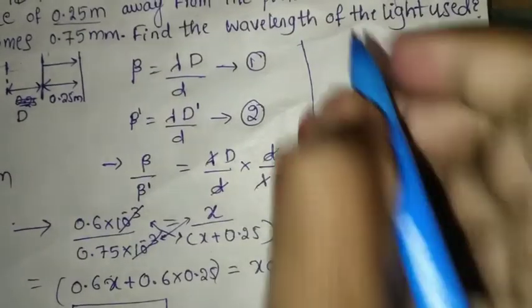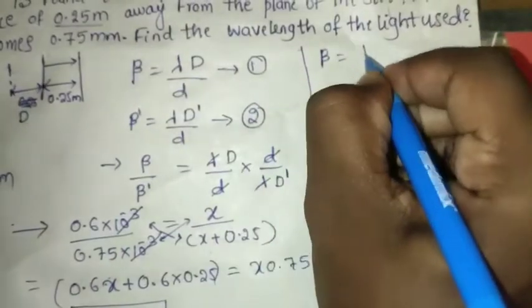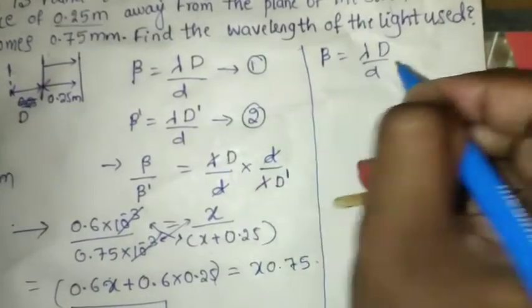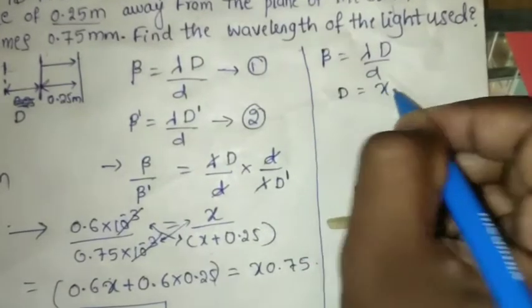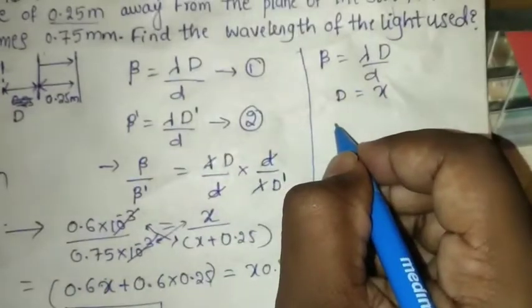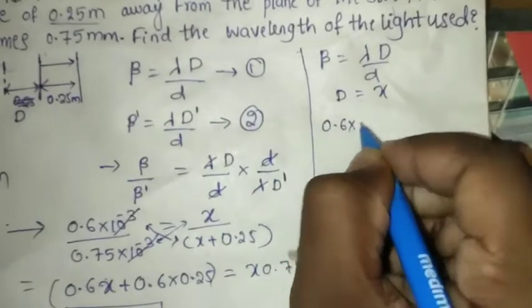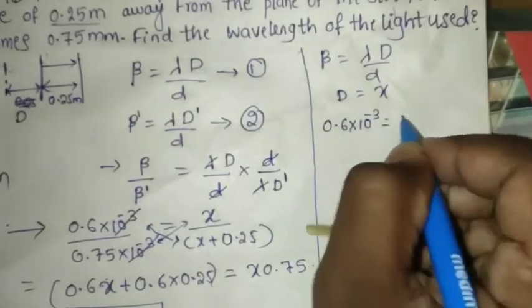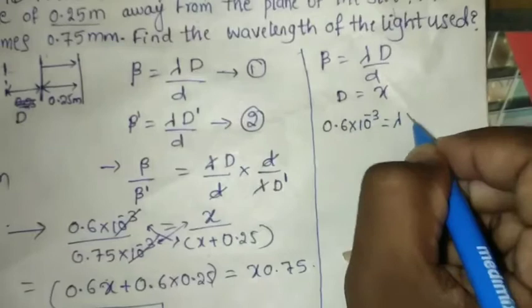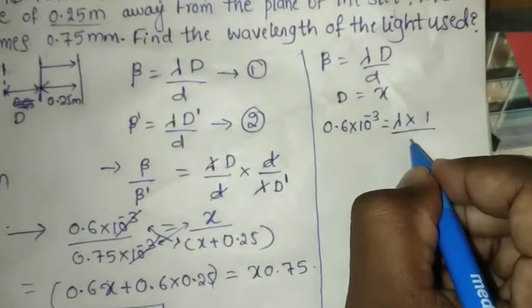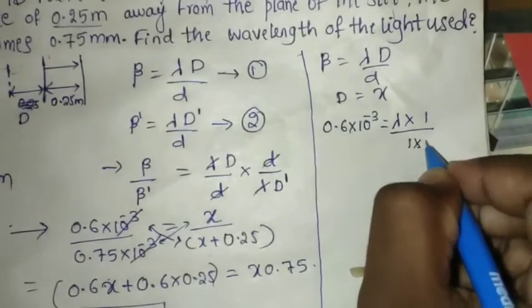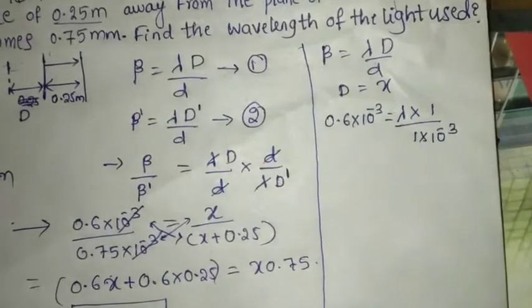See here, beta equals lambda D by small d. Here beta is given as 0.6 into 10 to the power minus 3, lambda is unknown, D equals 1 meter, and small d is 1 into 10 to the power minus 3, since 1 millimeter is given.